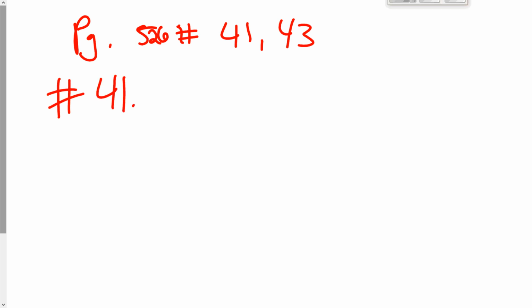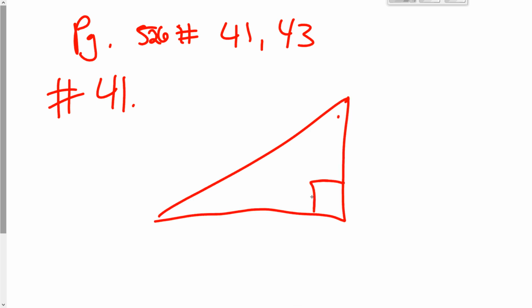Okay, so here it's kind of nice, it actually gives you the picture. So we have our right triangle, and it gives us how tall this person is, 5.75 feet, and this angle of elevation, which is what it says in the description, right?